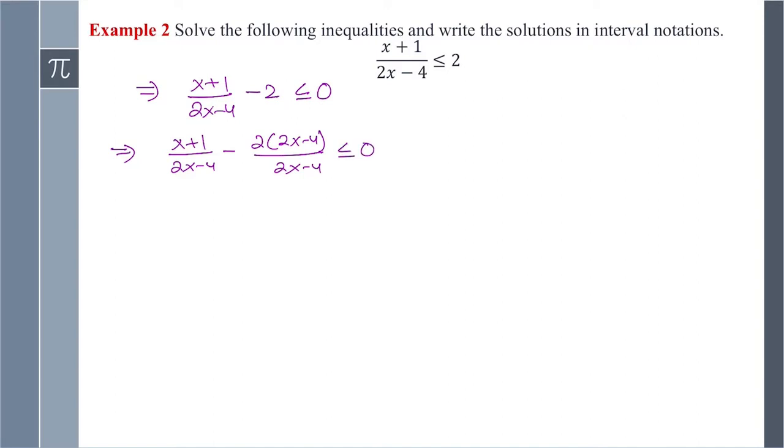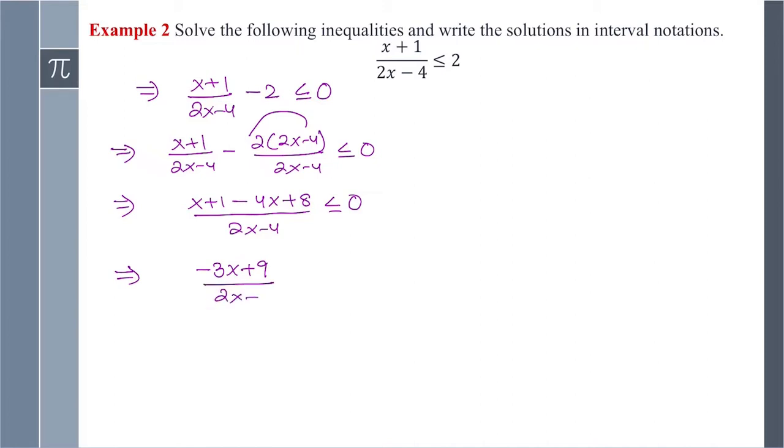Now we have a common denominator, so we can combine the fractions. So x plus 1 minus 4x plus 8, when we distribute here, we get plus 8, divided by 2x minus 4 is less than or equal to 0. Now, if we combine the like terms in the numerator, we get (negative 3x plus 9) over (2x minus 4) is less than or equal to 0.